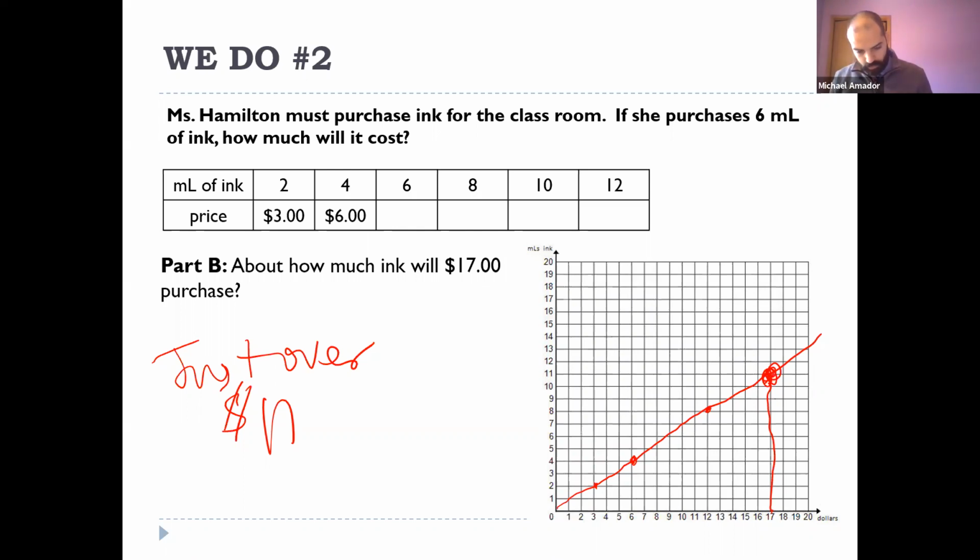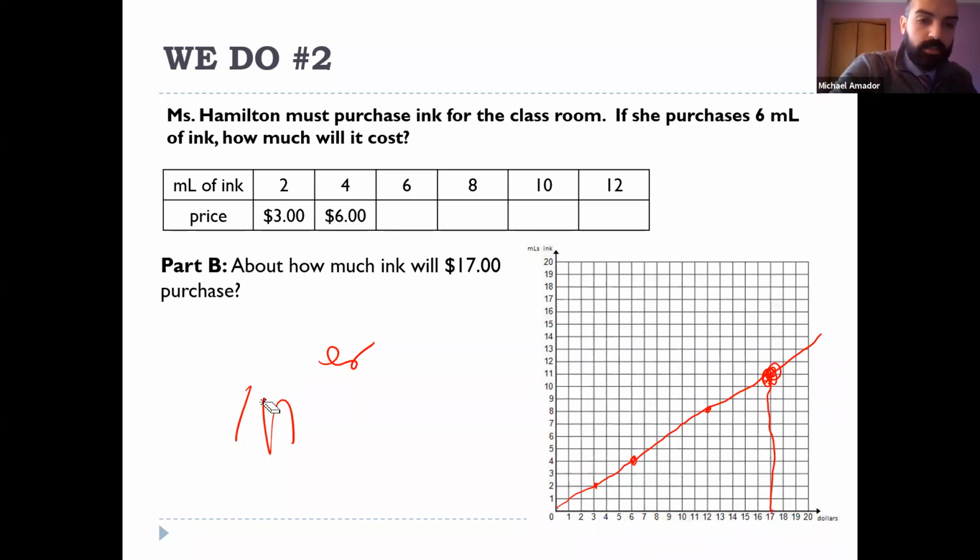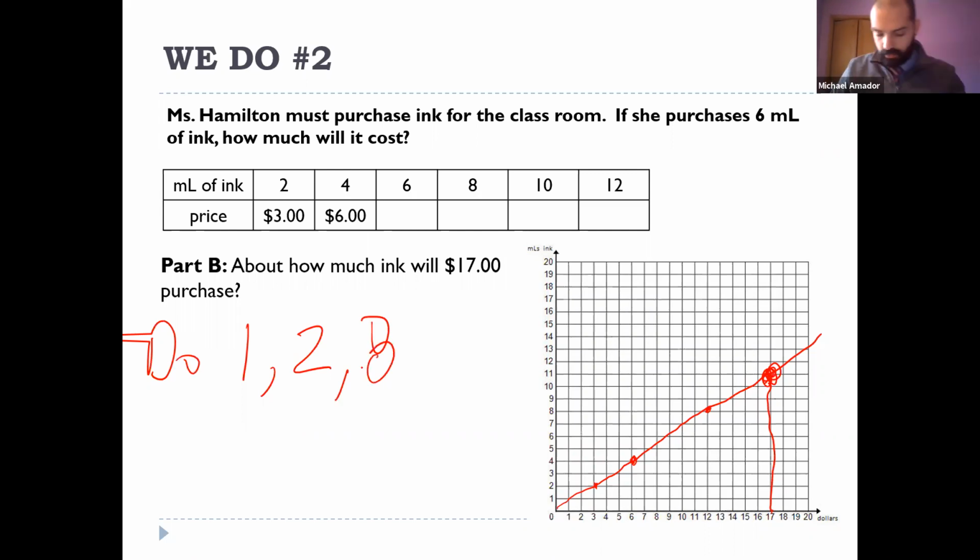One, 2. Actually, do 1, 2, and 8 right now. I'm writing them on the PowerPoint. Do numbers 1, 2, and 8.